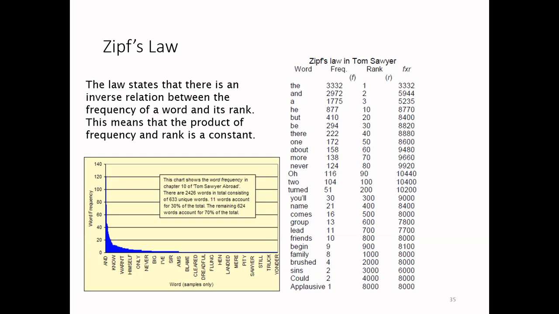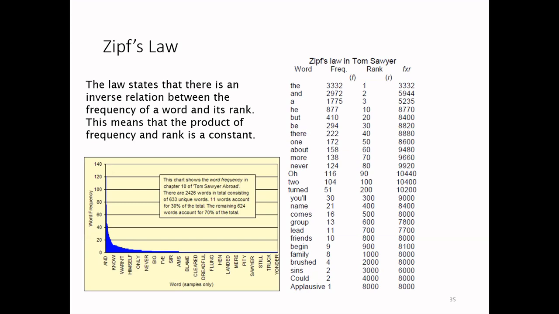If you take the product of the rank and the frequency, for example, take the first word in the table, the frequency is 3332, and it's ranked 1 because it has the highest frequency. So the product between the rank and the frequency is about 3332. Let's do a similar calculation for the rest.